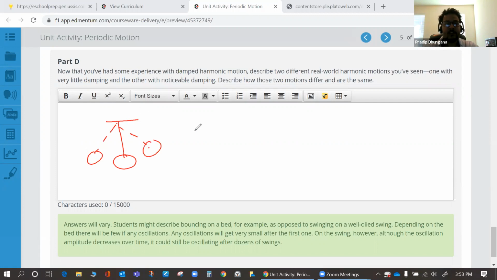Over a period of time its amplitude decreases, but not that much. If you plot a graph, the amplitude might be like that, and it goes on for a longer period of time. That kind of motion is harmonic motion, but it's less damped, or little damped.